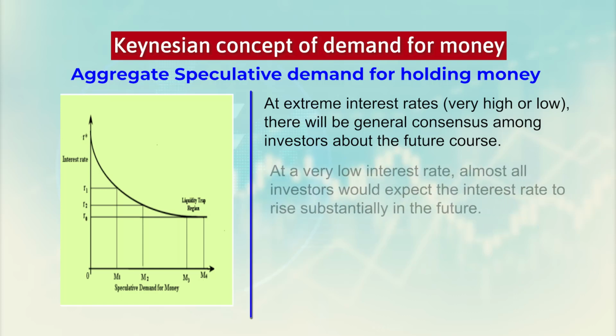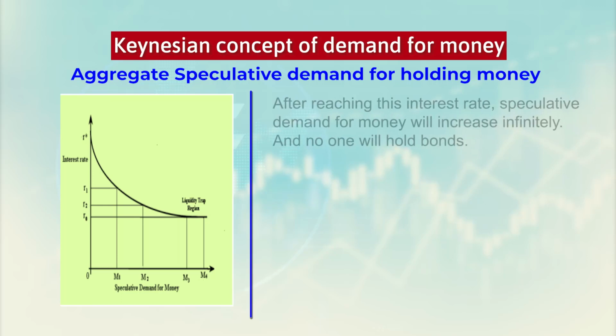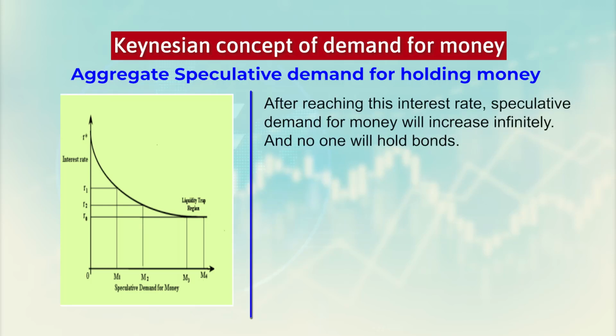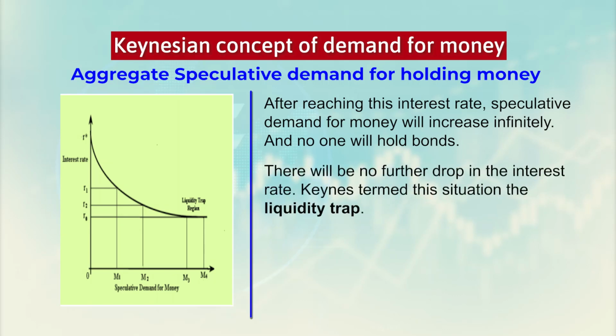When the rate of interest goes down, the speculative demand for money goes up almost for all the people in the economy. But the interesting part is that if the interest rate reaches the level R0, then people do not expect much to happen in the bond market. And this interest rate is essentially called the interest rate where a trap is formed. This trap is called the liquidity trap.